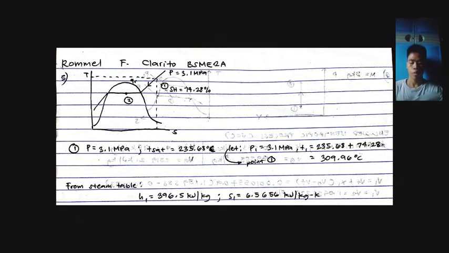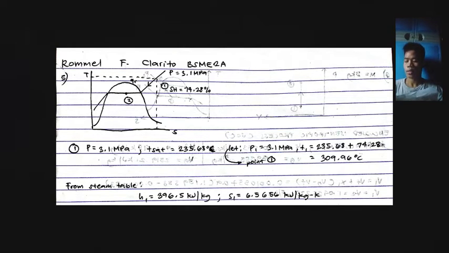So, okay, our solution for that is number 1, P equals 3.1 megapascal at T saturated equals 235.68 degrees Celsius. Let P1 equals 3.1 MPa and T1 equals 235.68 plus 74.28.